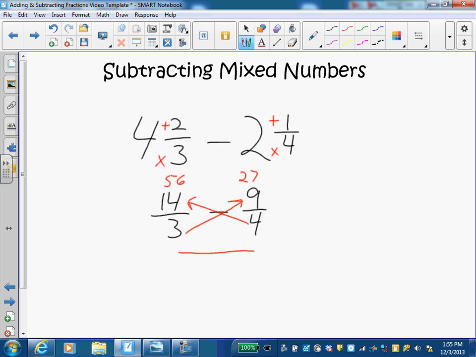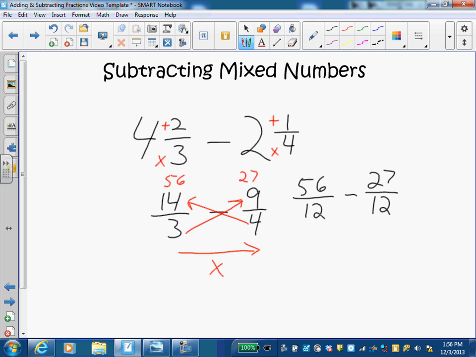And then you're going to multiply the denominators together to get a common denominator. The good news about this, though, even though these are large numbers, is remember this is subtraction, so they're not going to get any bigger than they are right now. 3 times 4 is 12, so my common denominator is going to be 12 in this case. So I've got 56 twelfths minus 27 twelfths.